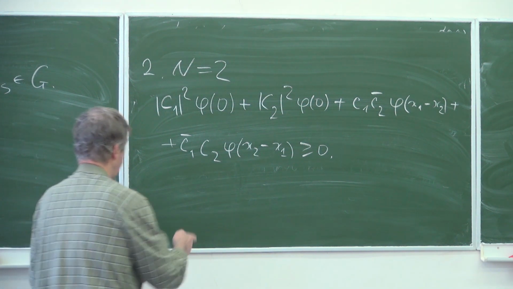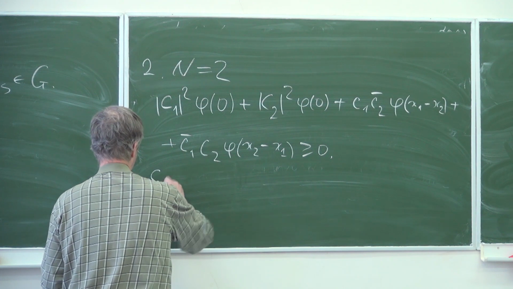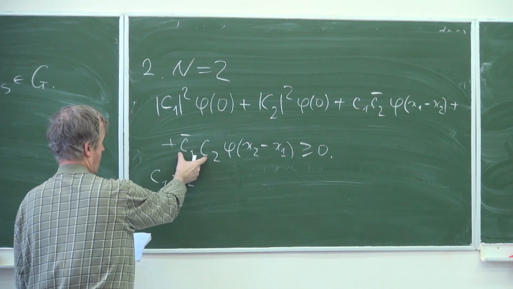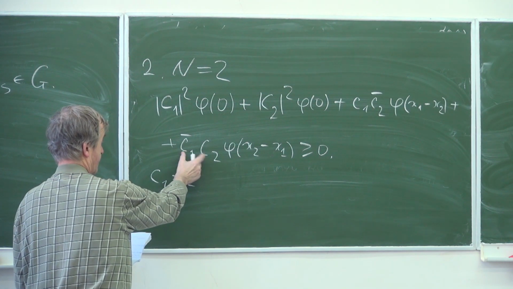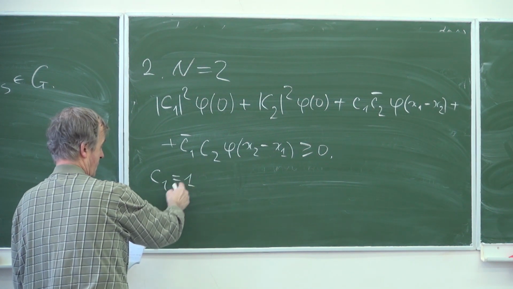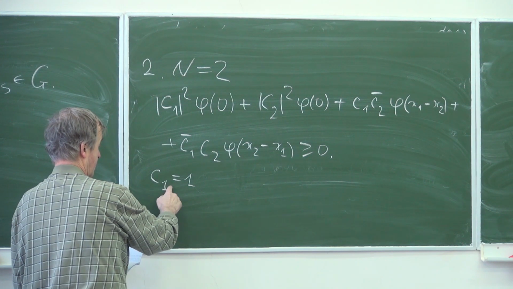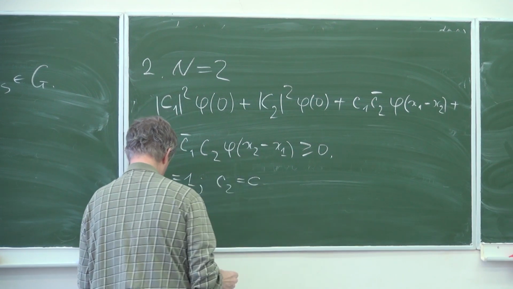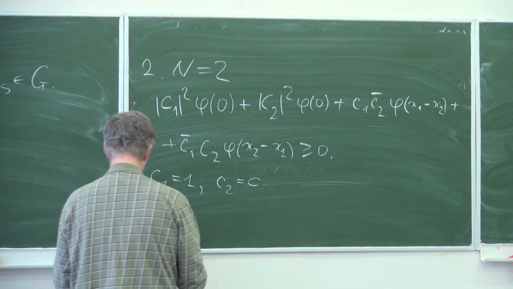Now we take C1 equal to 1. This is homogeneous in the collection of coefficients C1, C2, so we may normalize it taking C1 equal to 1. And for C2, I'll write simply C. So what do we obtain?